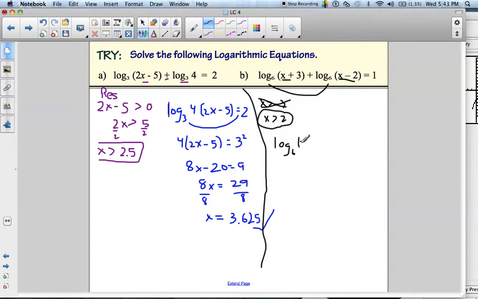And we have (x + 3) times (x - 2) equals the 1. Okay, now we're just going to boot up.